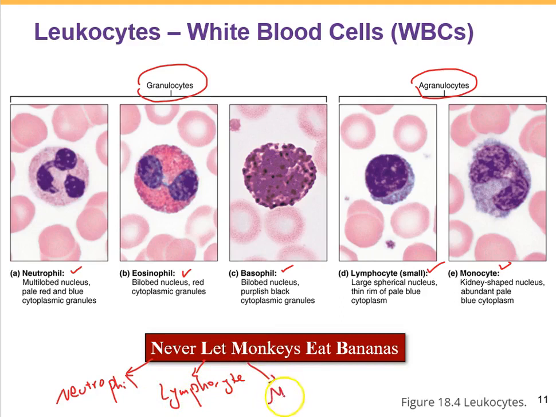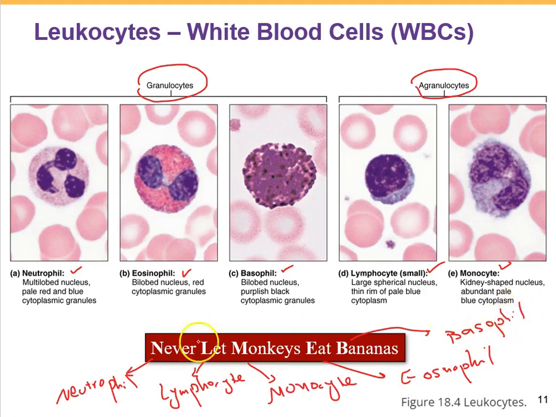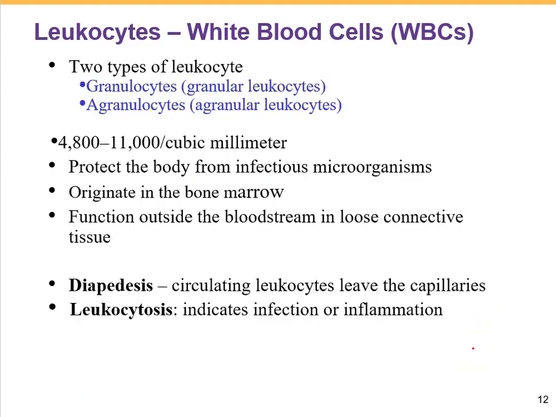M stands for monocyte. E stands for eosinophil. And the rarest one is basophil. So from the most abundant to the rarest, we have neutrophil, lymphocyte, monocyte, eosinophil, and basophil.